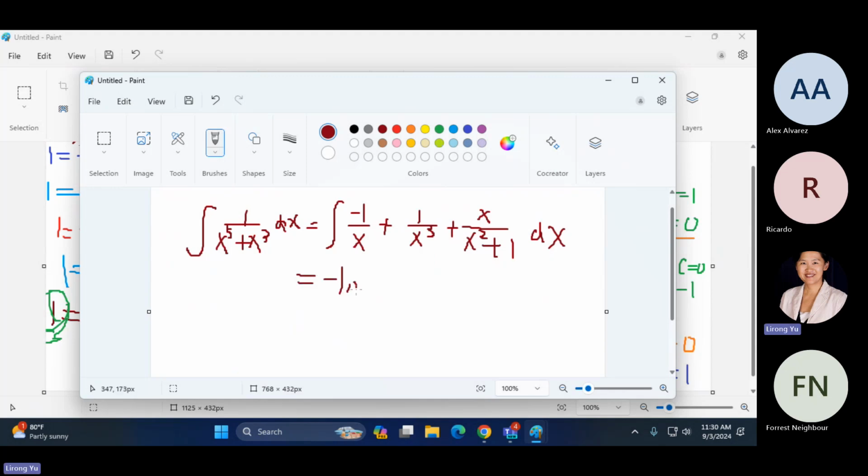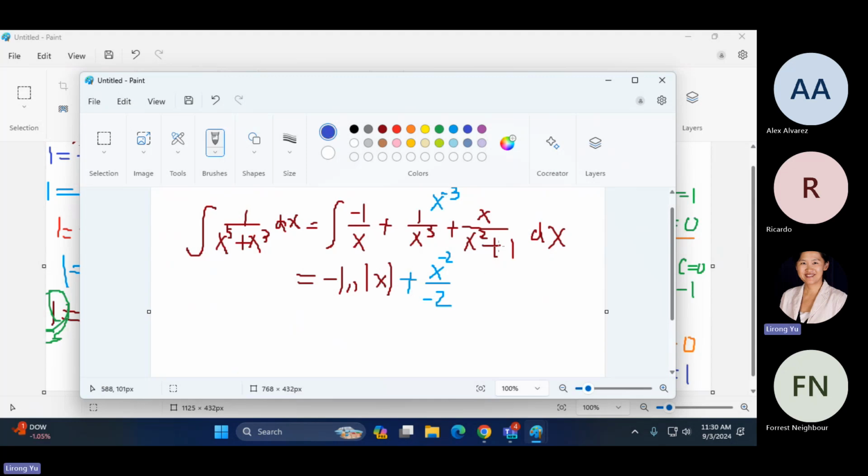It's negative log of x. Now that one, you can consider as a negative power, x to the -3. So integrate using the power rule, right? -3 plus 1 is -2. So that's going to be x to the -2 power over -2, the increased power. And we can combine the coefficients.